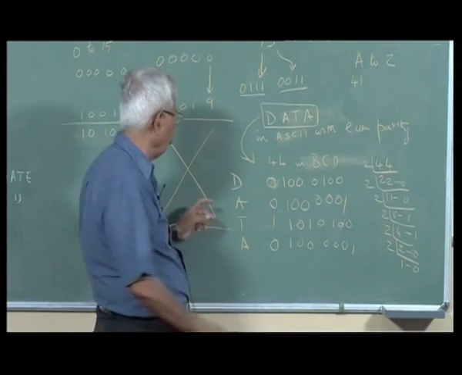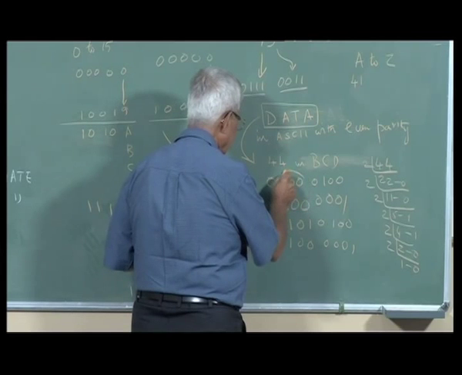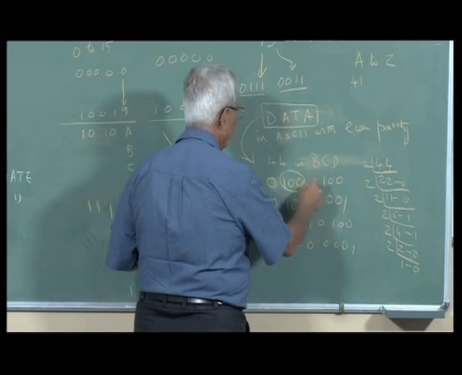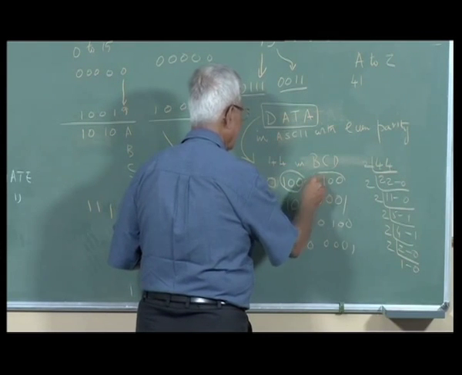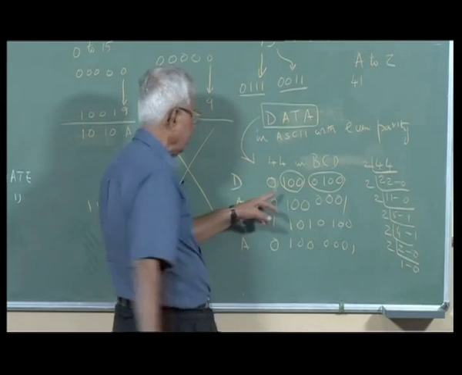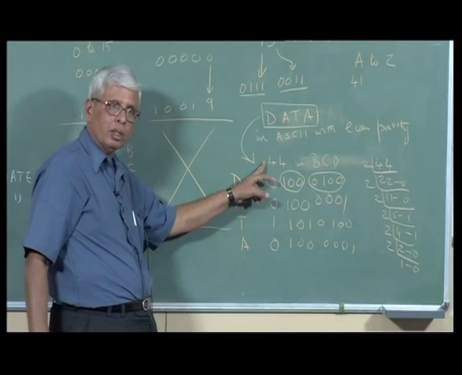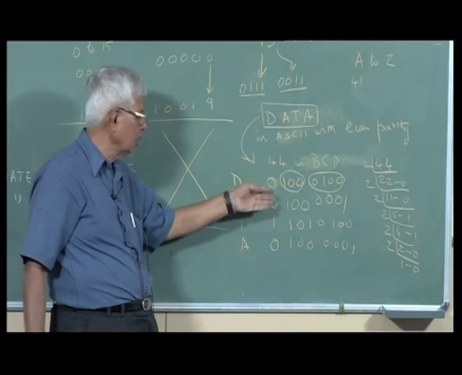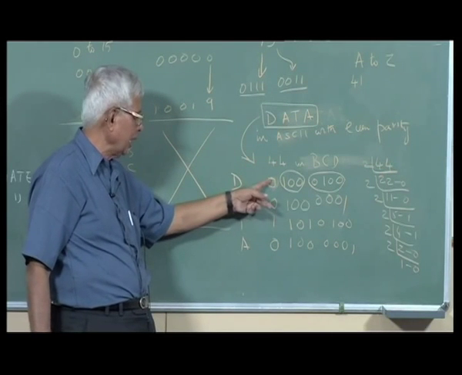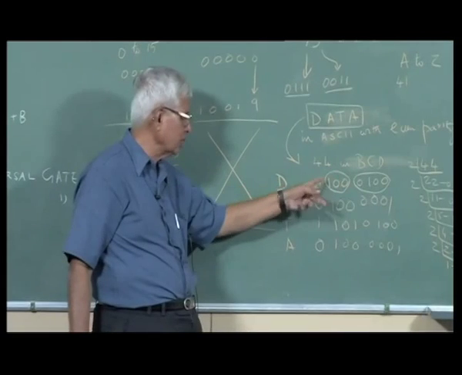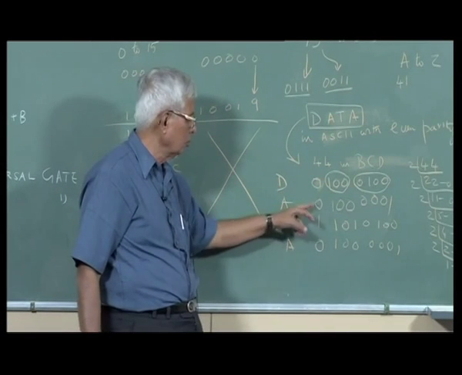It is 4 separately as a digit, another 4 separately as a digit, 7 bits. For the first number we only use 3 bits, because only numbers will be like that. Then I add a parity bit, even parity, 2 ones, so it's 0. That is it.